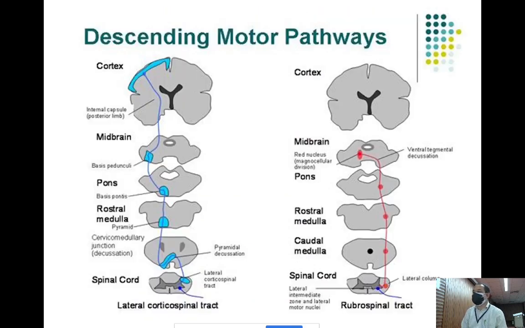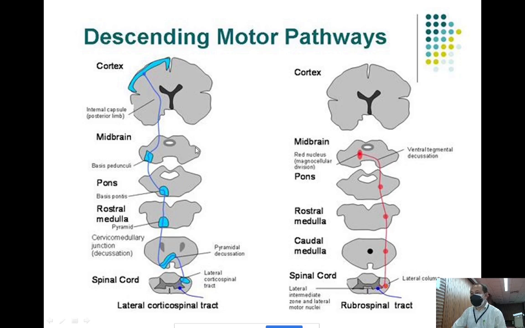And again, I'm bringing you back to this slide which I had shown you in the last class when I was talking about pyramidal tracts and comparing pyramidal and extrapyramidal tracts. Bringing this same picture here, I want to show you that these two tracts are what we call the lateral descending tracts, the lateral descending columns, which comprise the lateral corticospinal tract and the rubrospinal tract.